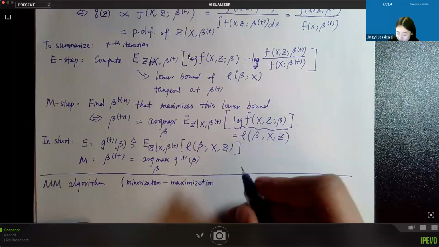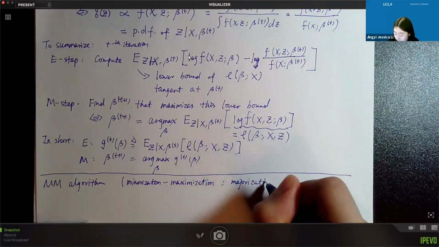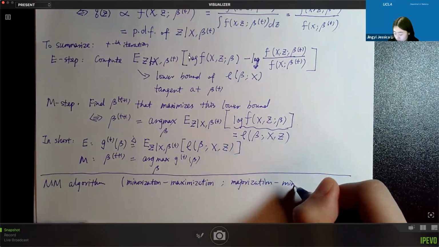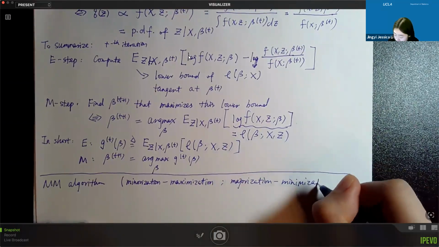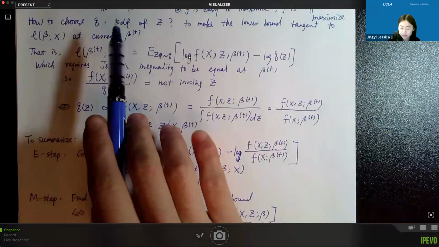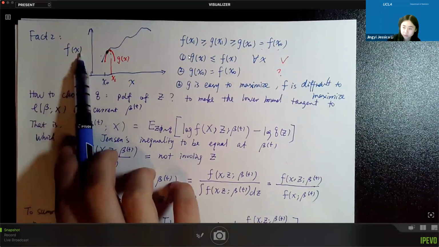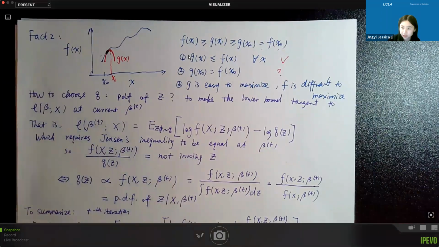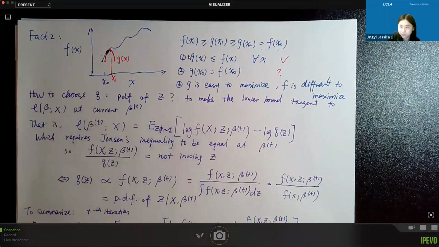The second way is to think of this as majorization and minimization. So this is to minimize a target function. So you can think of this as negative f. So if you want to maximize f, it is equivalent to minimize negative f. And then in that case, what you can do is that you can find the upper bound of it.